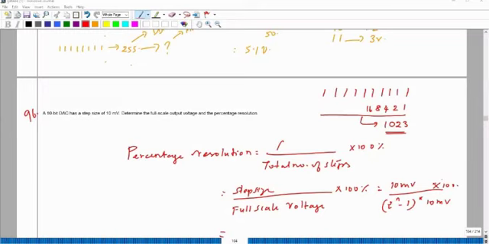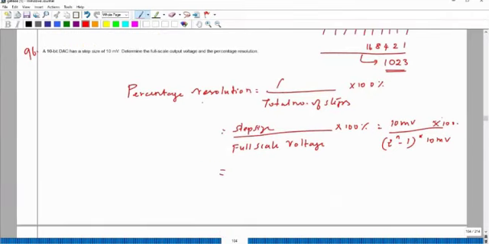To solve this, the 10 millivolt gets cancelled, then you will get 100 divided by 1023, right? Because n is equal to 10 bits. If I substitute, 2 power 10 is 1024, minus 1 is 1023, into 100.